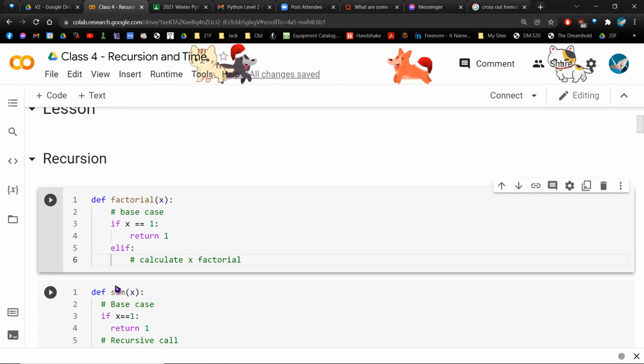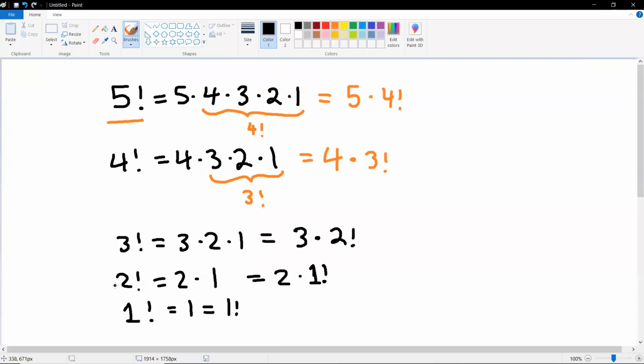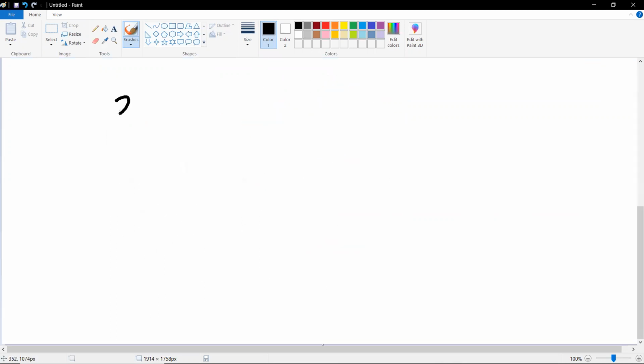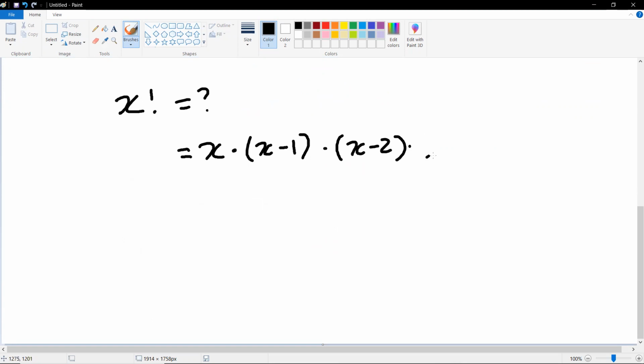And if we go back here, we came up with a formula for calculating the factorial, because if I write out what x factorial is, right? So what is x factorial? By definition, we start with x, we multiply it by x minus 1, we multiply that by x minus 2, we multiply that by so on until we get to 3, 2, 1, right?